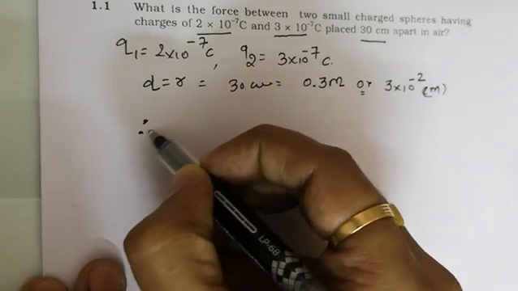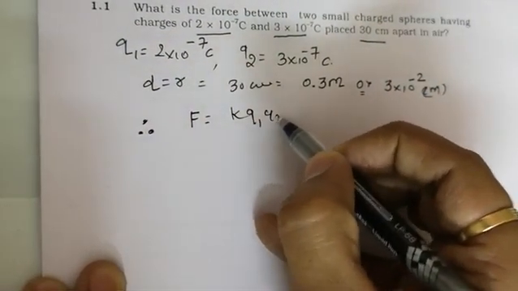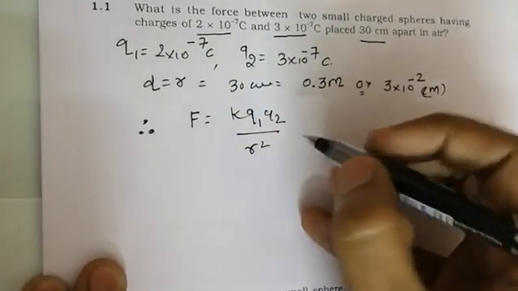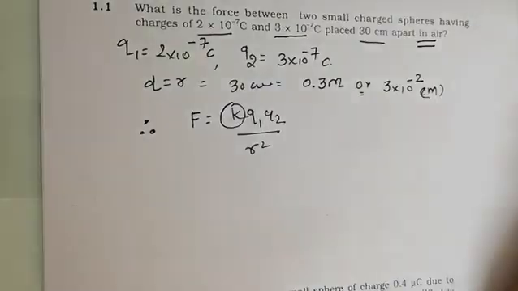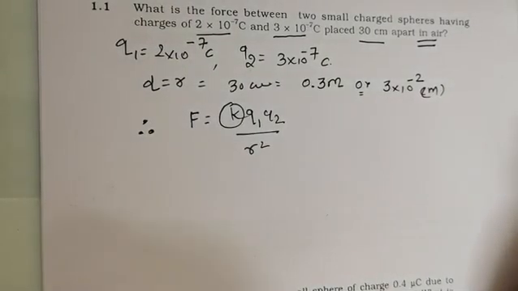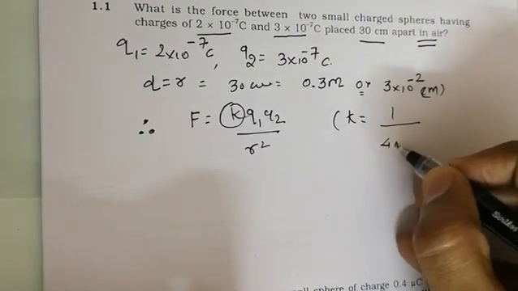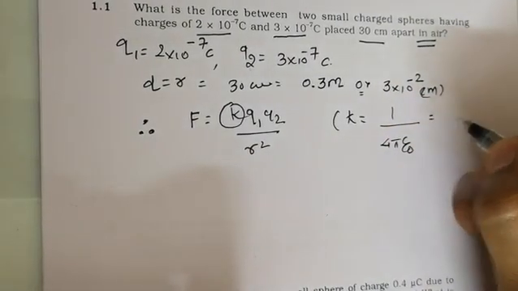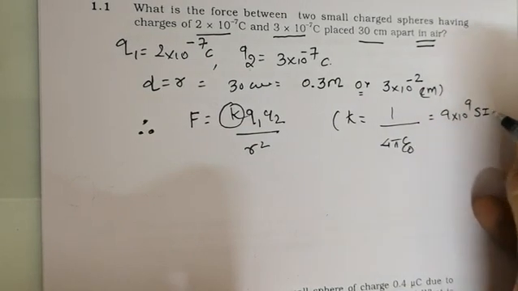Now I want to find the force between them. F equals k q1 q2 divided by r square. But this is used if we place our charges in air. So k is Coulomb's constant, 1 upon 4 pi epsilon 0, having the value 9 cross 10 to the power 9 SI.